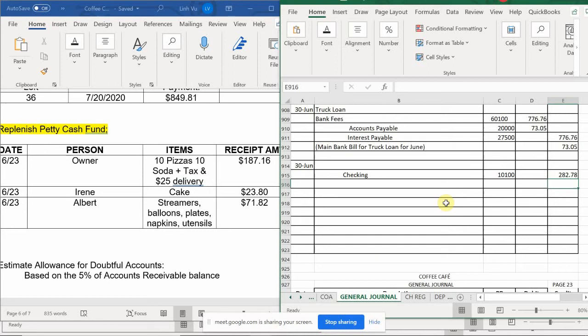Well, right now it's at 500. If the total in the petty cash fund was $500, correct? And now we spent money, so there's only 217 left and 282.78 worth of receipts.